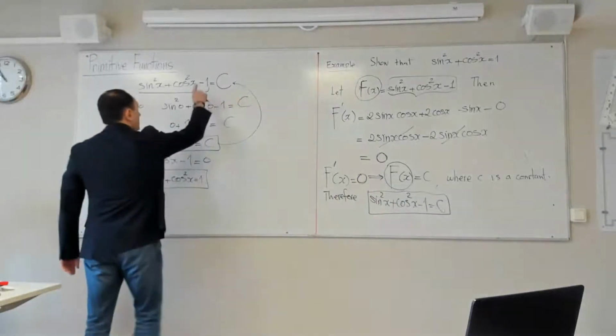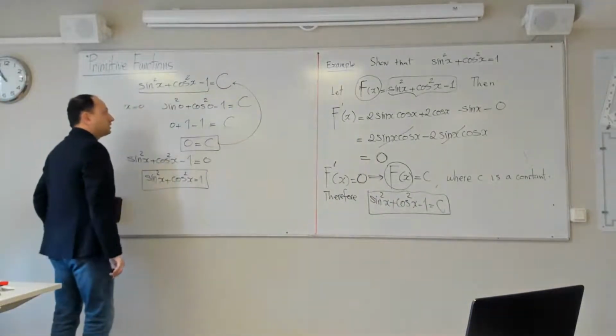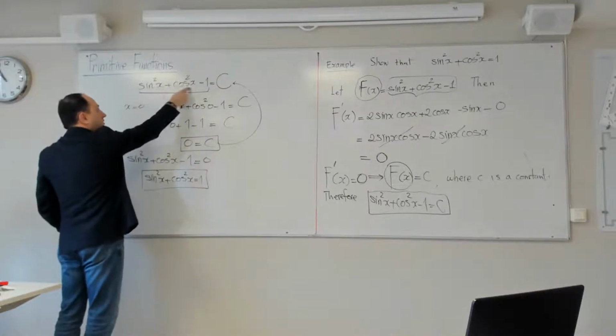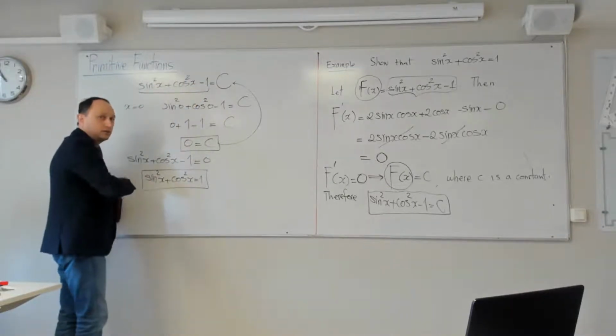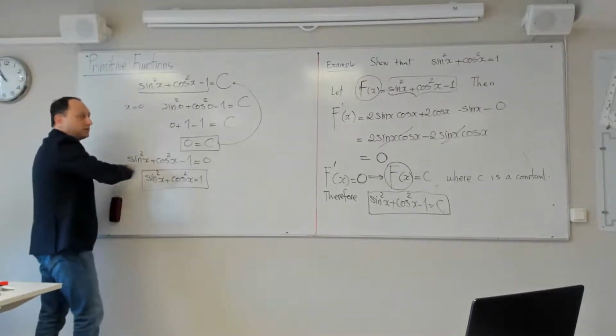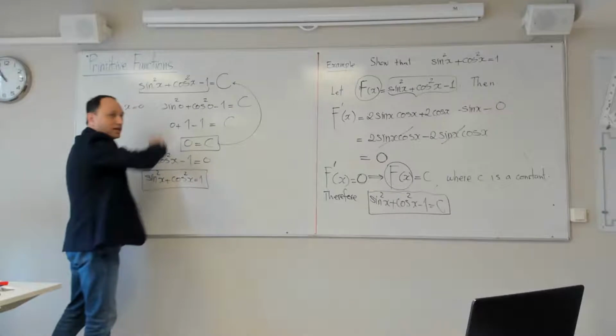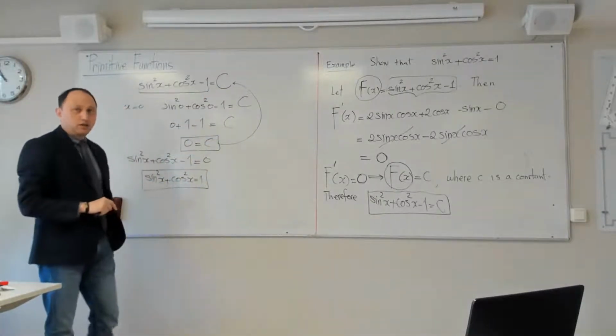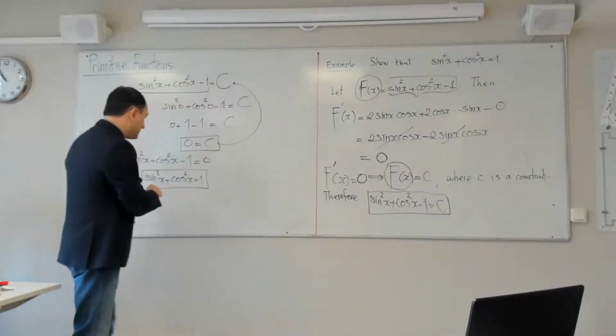So this means, now I want to find that constant. When you tell me that this is a constant, regardless of the value of x that I put in, it means that I can put 0, any number there. So I put 0 here, and I calculated c is equal to 0, and I put this back, and I moved 1 to the right-hand side, then I have my identity.